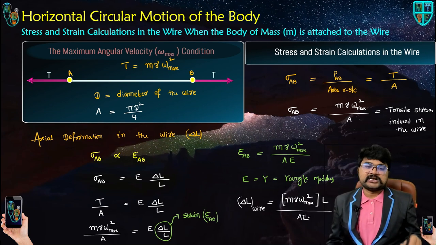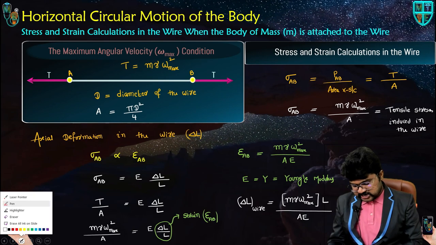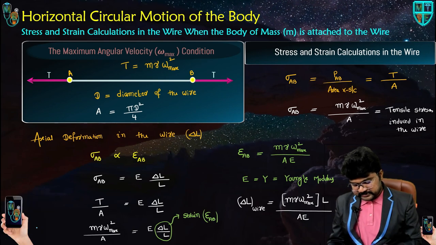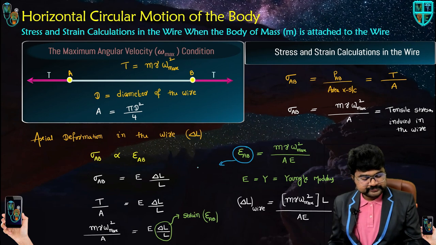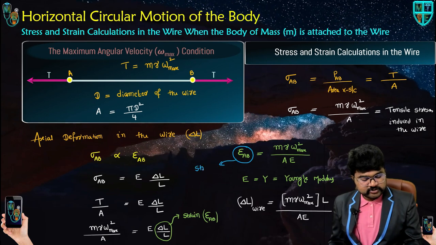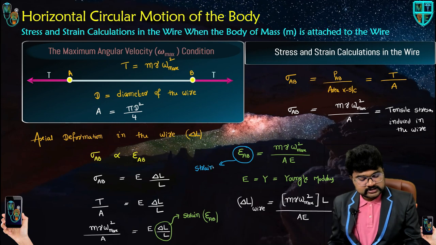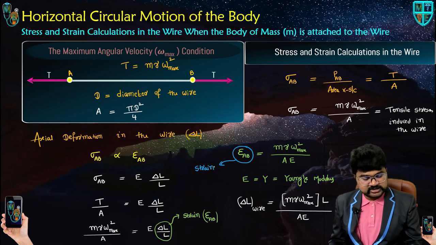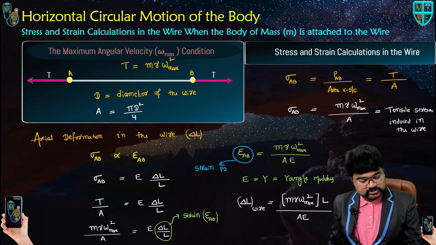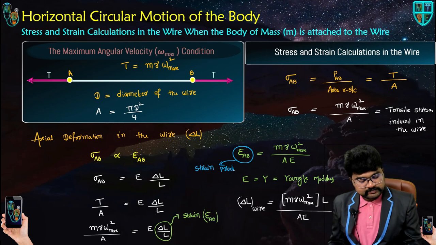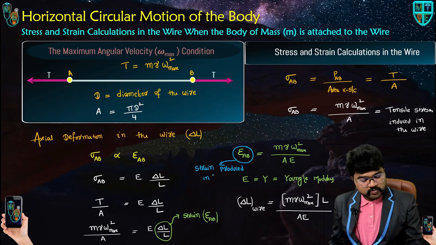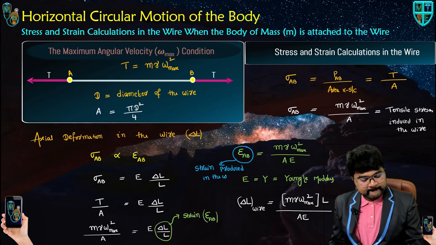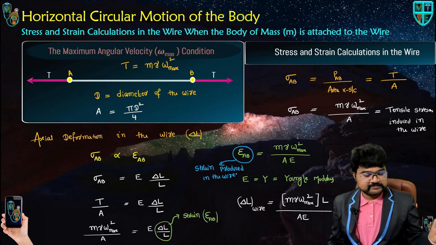This is the axial deformation in the wire, and this is the strain produced in the wire, the longitudinal strain. Understood now? It is very simple.